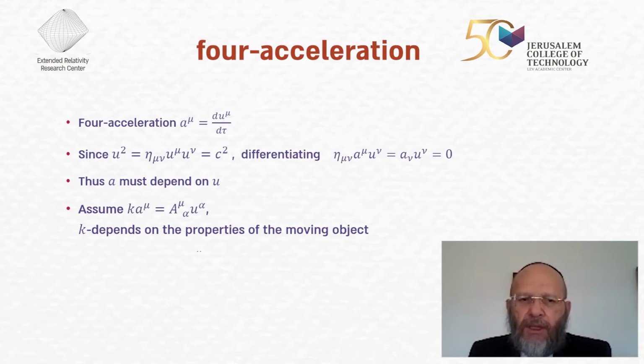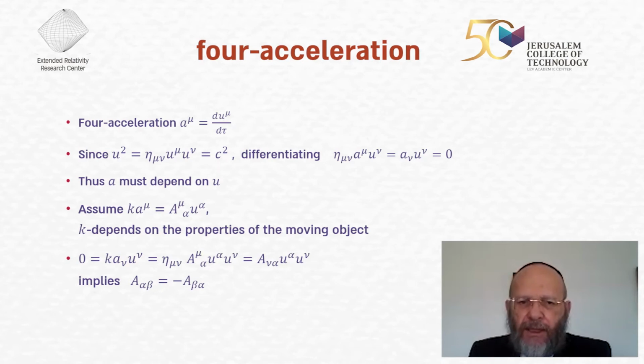So what can we say in this case about this matrix? We can say the following. The definition is, I started with this, which is eta mu nu, a mu, u nu. Now, we can lower the index of the nu, and you get a nu alpha, u alpha, u nu, has to be 0.